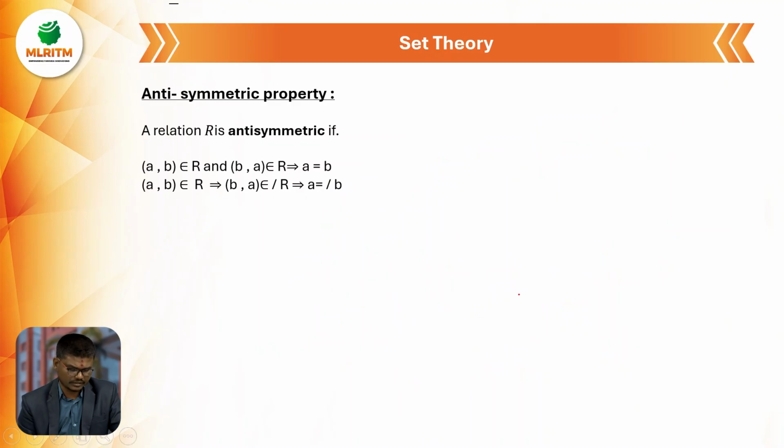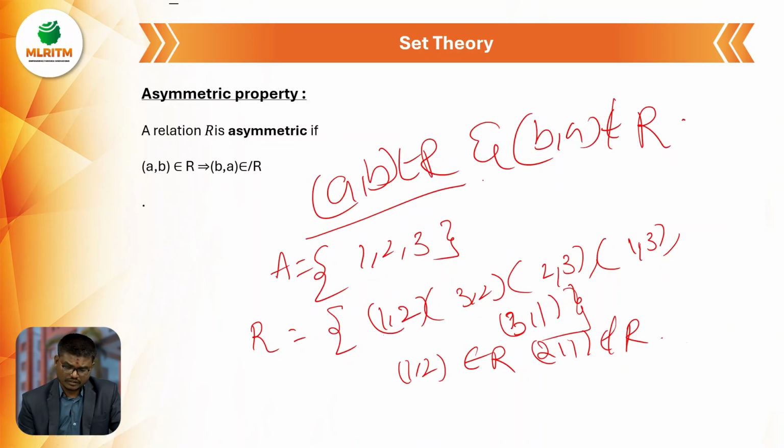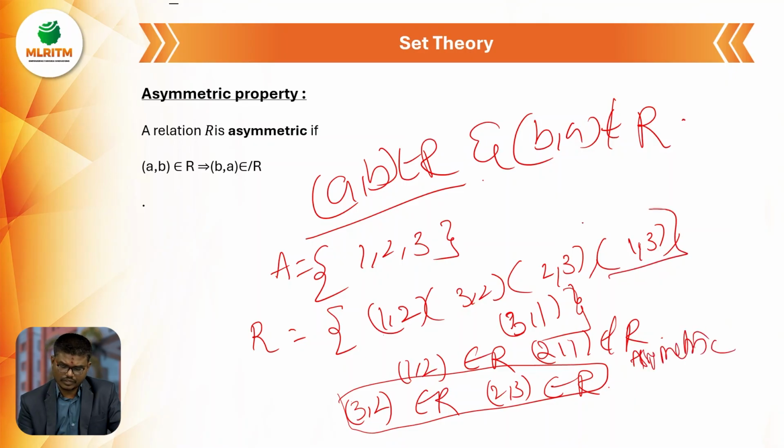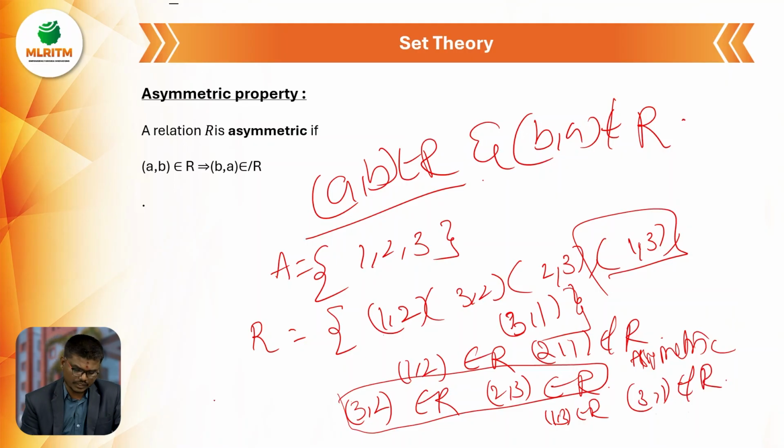And the second pair is 3 comma 2 belongs to R, then 2 comma 3 also belongs to R, so this pair is not satisfying the asymmetric property. And 1 comma 3 belongs to R, and 3 comma 1 also belongs to R, so it is not asymmetric. So the given relation is not asymmetric.